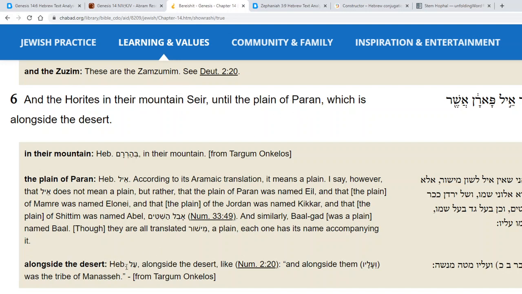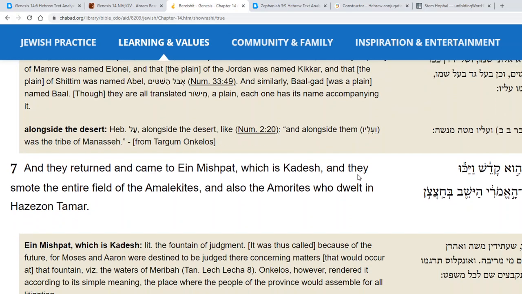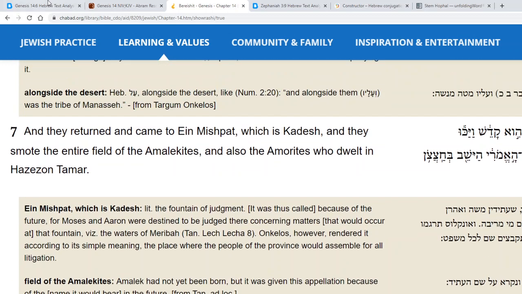It's Al Hamidbar, right? Rashi asks why alongside the desert, like in Numbers 2:20, alongside them was the tribe of Menashe, and apparently this is all from the Targum. Okay, let's keep on going.